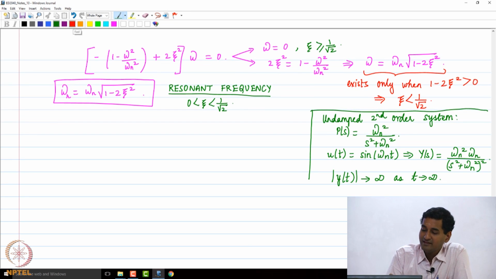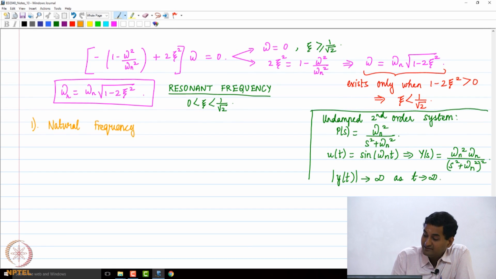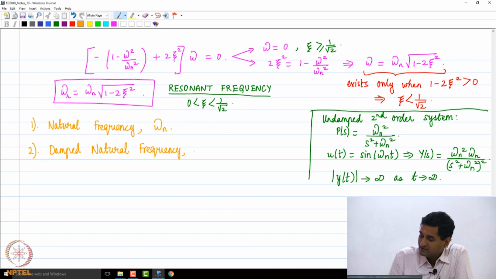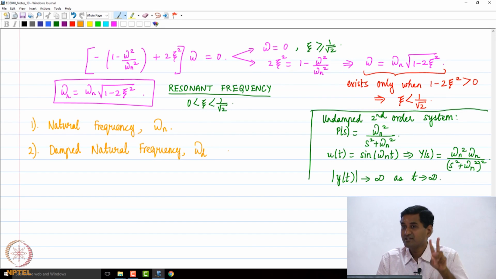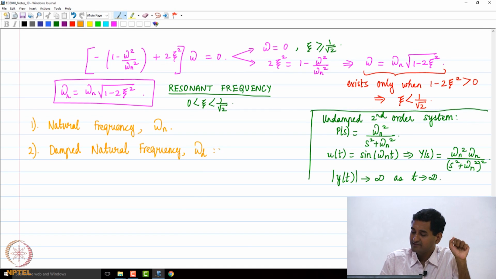So there are 3 natural frequencies of interest. The first one is natural frequency, which by definition corresponds to the undamped system. The second one was the damped natural frequency, which corresponds to an underdamped second order system, and the damped natural frequency was omega n times square root of 1 minus zeta square.